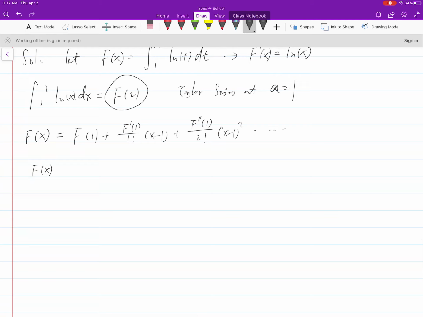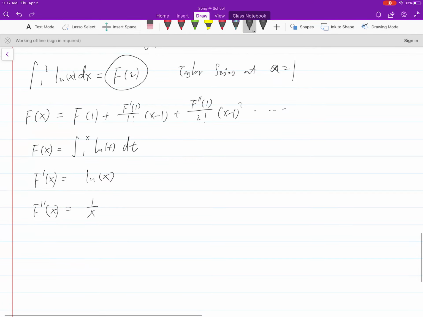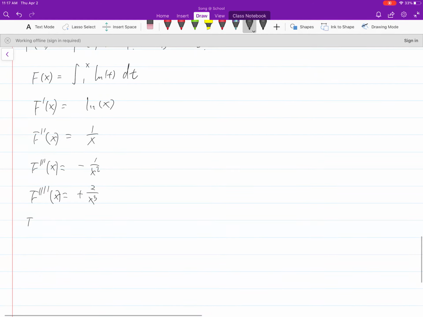That's the Taylor expansion, right? Now f(x) is this. f prime(x) is this. f double prime(x) is going to be the derivative of this, and f triple prime(x) is going to be that. And maybe just one more term.